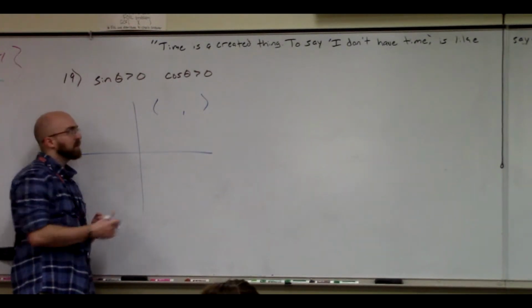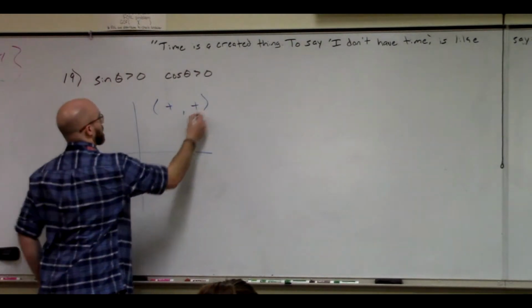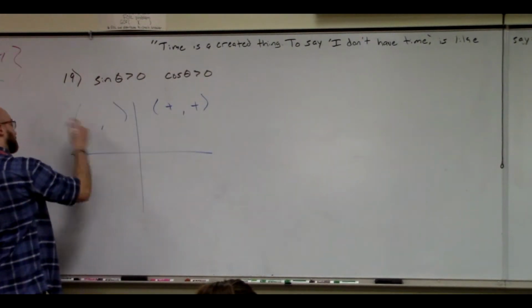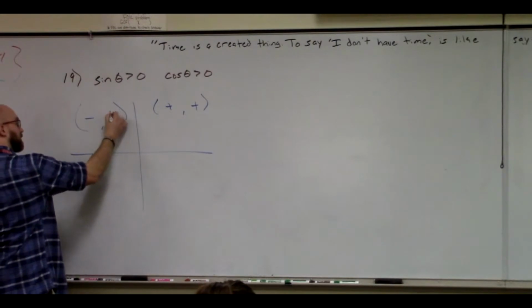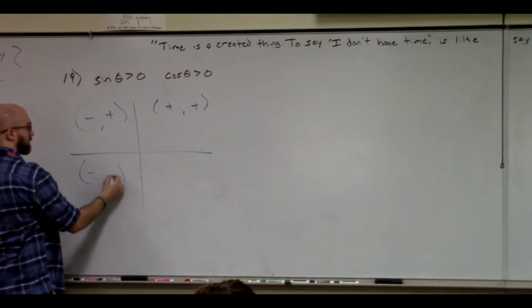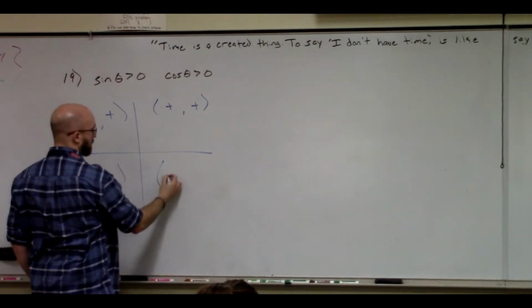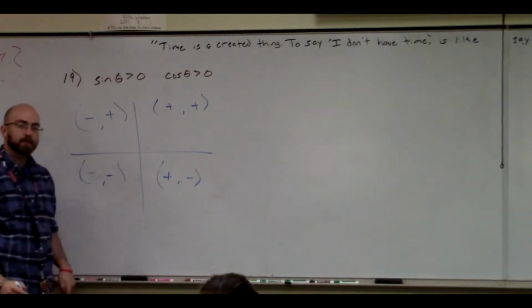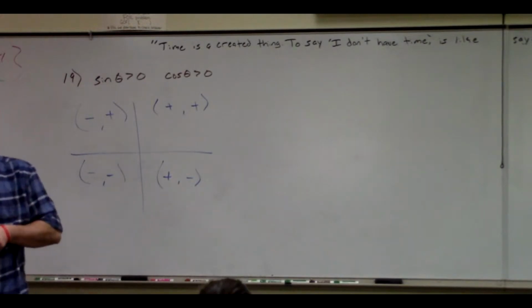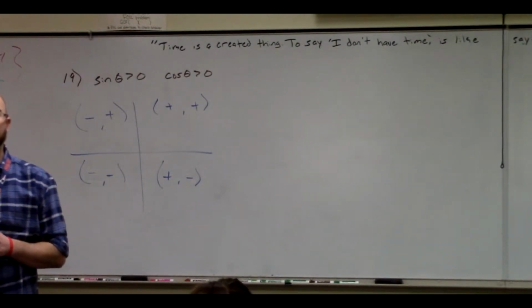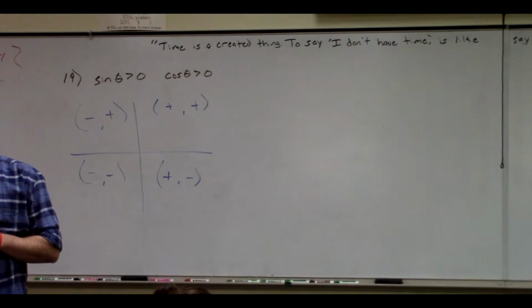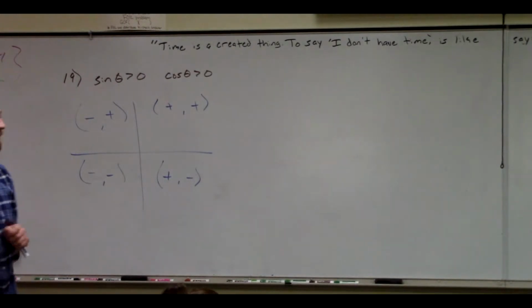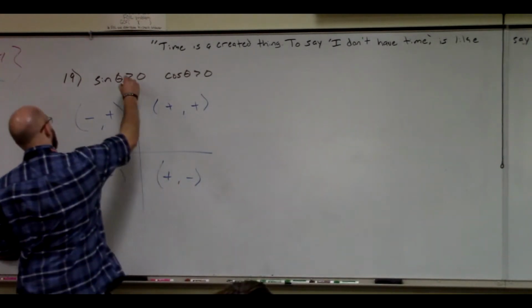They're both positive, right? What about this one? Negative, negative, right? And the last one. Now, sine is what value, the x or the y? The y, correct? So sine greater than 0 means it's positive.